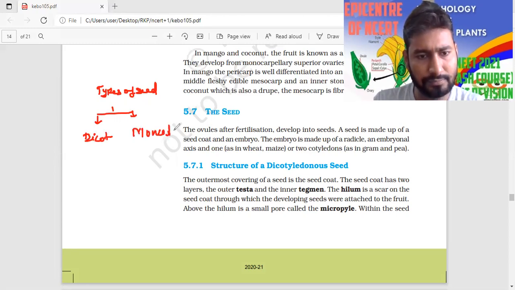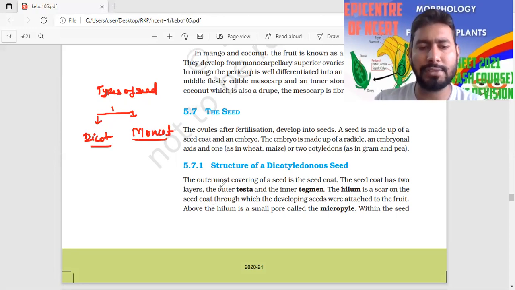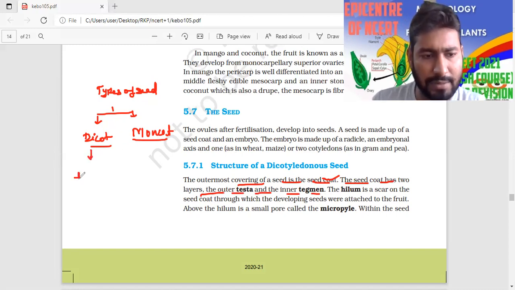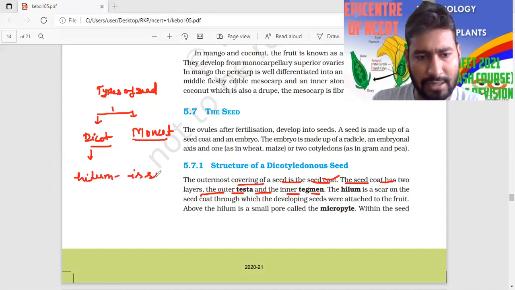Monocot seed, dicot seed. Look at dicotyledonous. The outermost covering of seed is called the seed coat. The seed coat has two layers, outer testa and inner tegmen. We have discussed this. Another very important thing is the hilum. Hilum is a scar, and scar means spot.